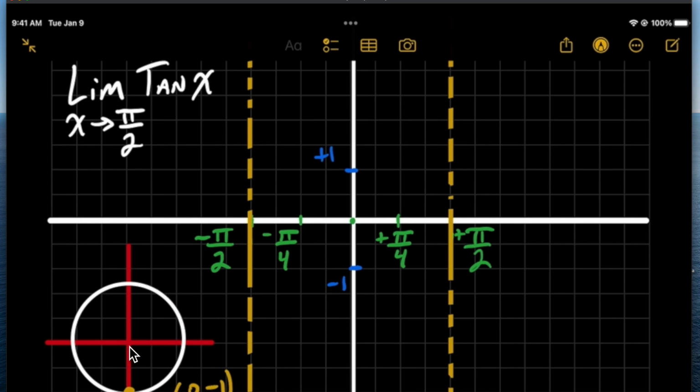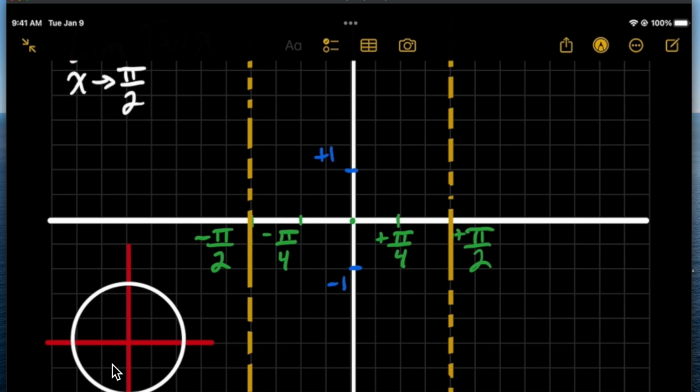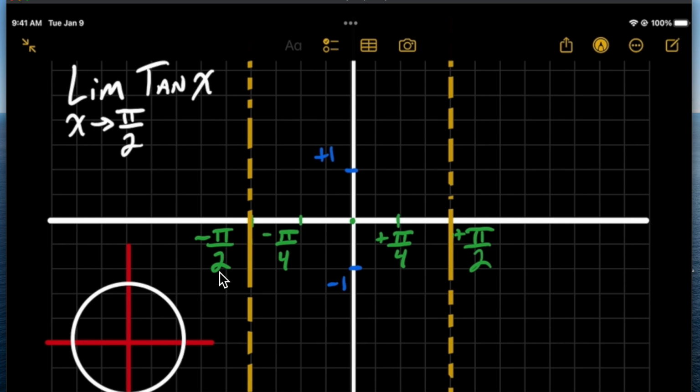Also of note is if you look at the slope of that line, which corresponds to negative pi over 2, that's a slope that is indeterminate because it is a vertical line. Now let's move 1/4 of a period forward. Whenever you graph trigonometric functions, that's the way to do it.